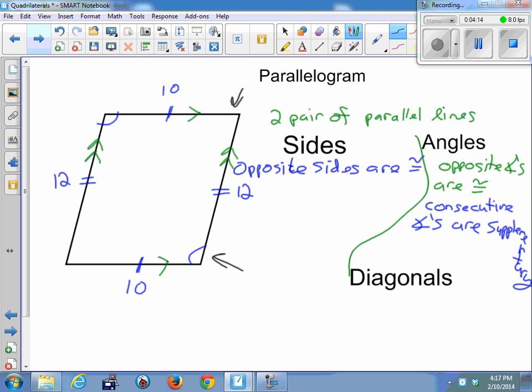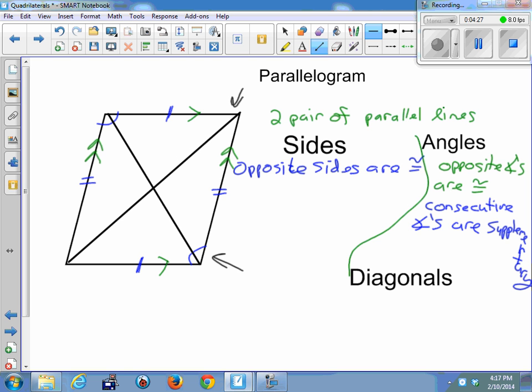The next thing we have, I know this is getting kind of confusing, but we have all this stuff. The diagonals are going from one vertex to the other. When we draw our diagonals, they bisect each other.